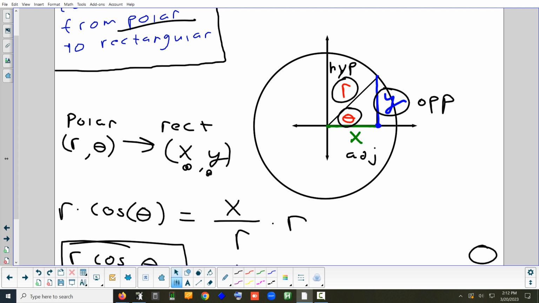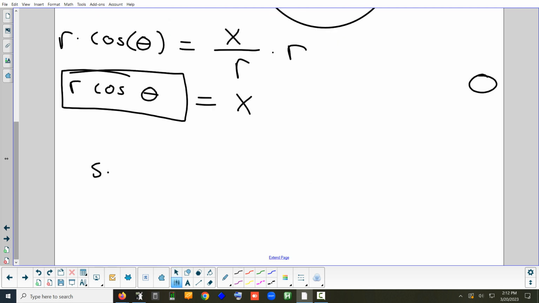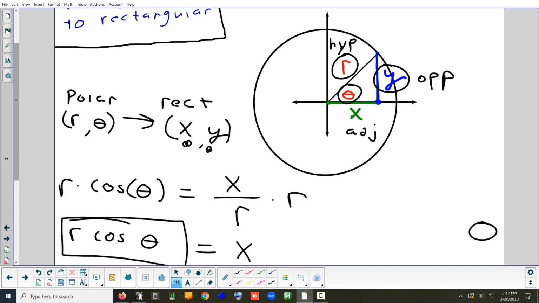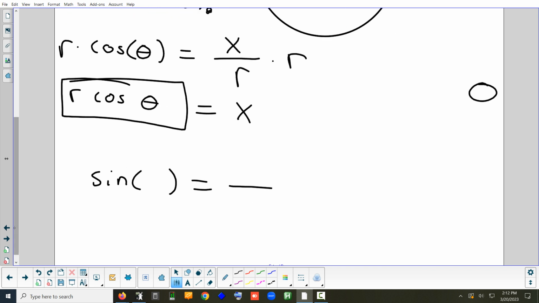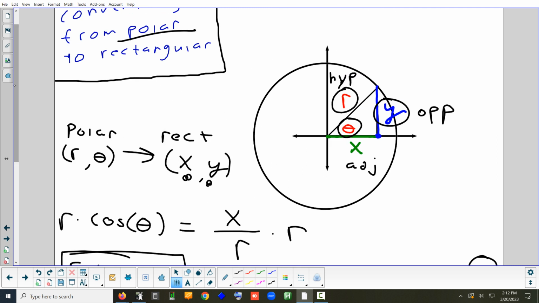Yeah? Sine. So let's write that down. So the sine of something is going to equal something. Okay. Sine of what? Theta. And sine is opposite over hypotenuse. So in my problem, what's opposite over hypotenuse? Y over r.